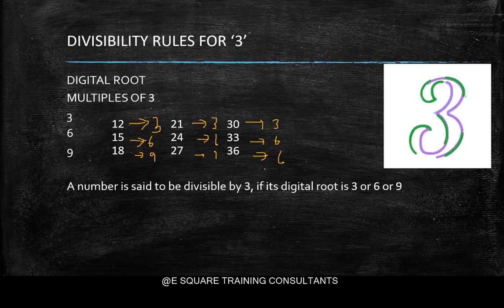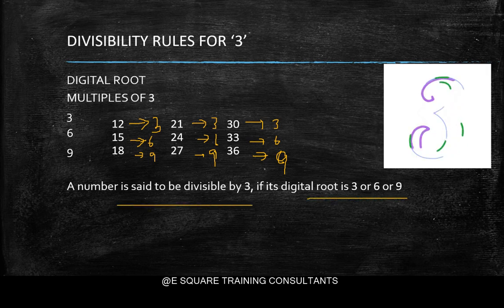So even if you take the other multiples of 3, you finally end up with these three numbers: 3, 6 and 9. So a number is said to be divisible by 3 if its digital root is either 3, 6 or 9.